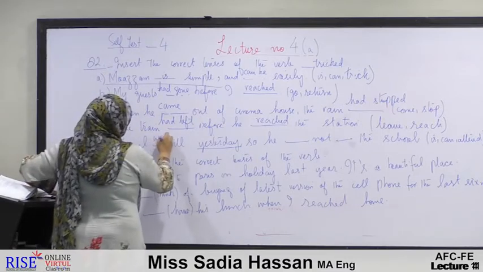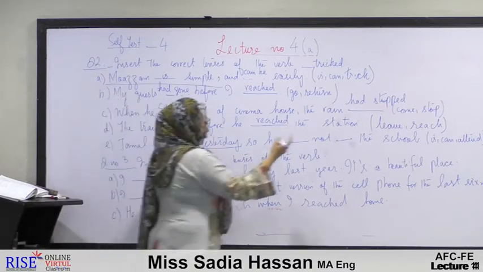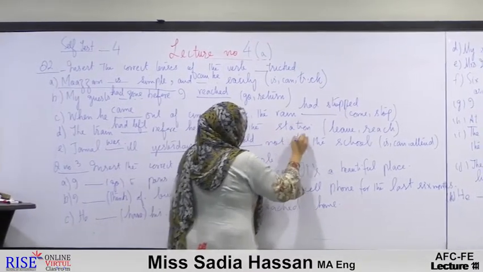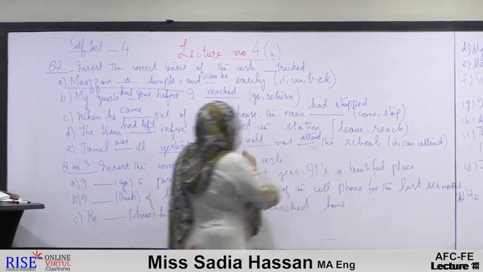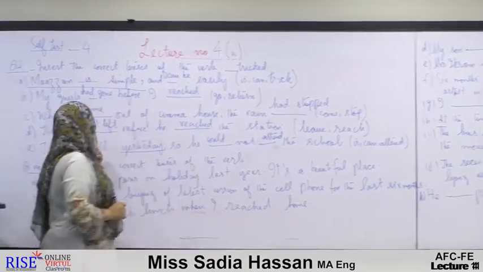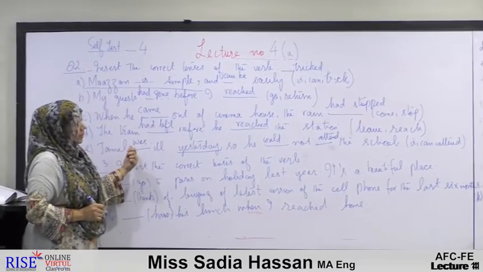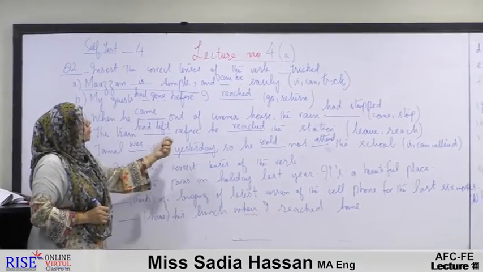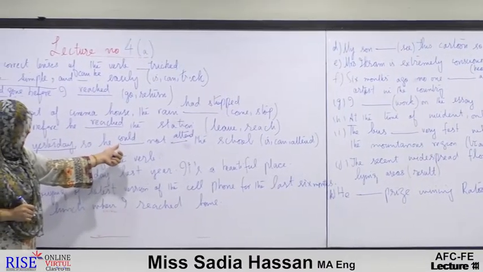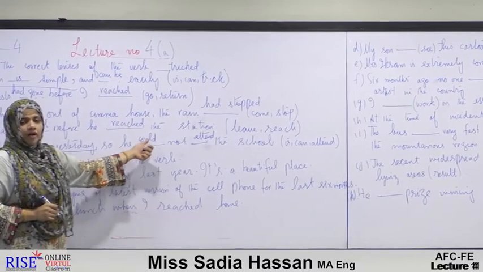Jamal was ill yesterday, so he could not attend the school. I have changed this can into could. Why? Because I was using the past form of the verb in my first clause, so my second clause must always be used with the past tense, and this is a modal verb.